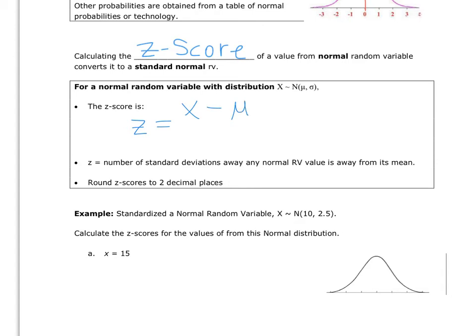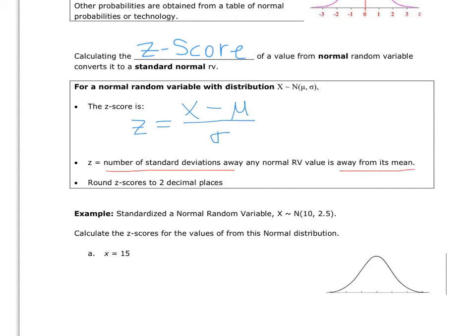If we're subtracting the mean, we're kind of taking it down to 0, like the mean of the standard normal. And then we divide by the standard deviation, and that gives us the z-score. And also a little bit of review, remembering that z is equal to the number of standard deviations the random variable value is away from its mean.